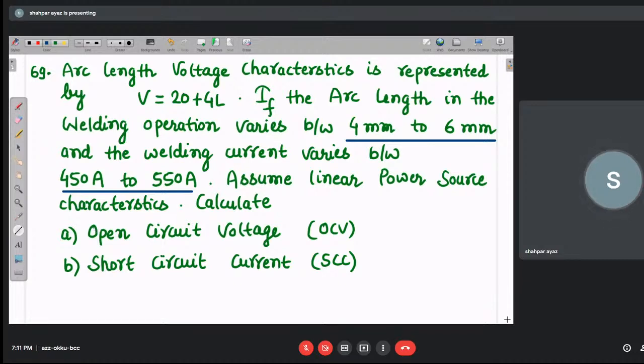88 volt is the wrong answer, friend. Again, try this. Quite easy problem, guys.